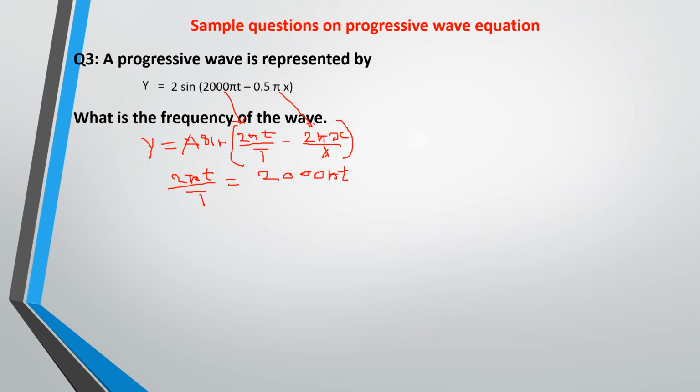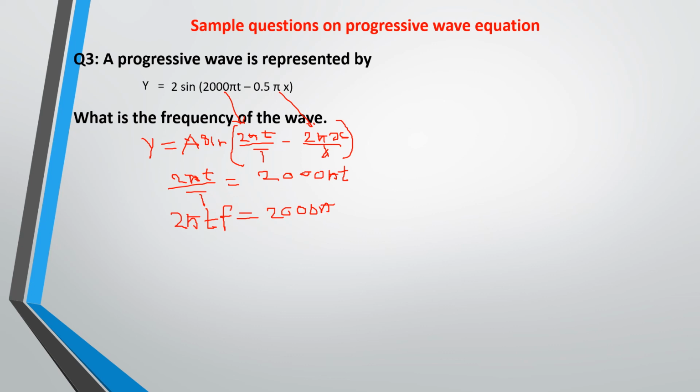Okay, it's equals to 2000 pi t. So don't forget that frequency f is equals to 1 all over T. So this equation can also be written as 2 pi t f is equals to 2000 pi t.